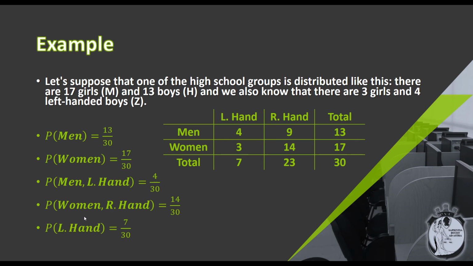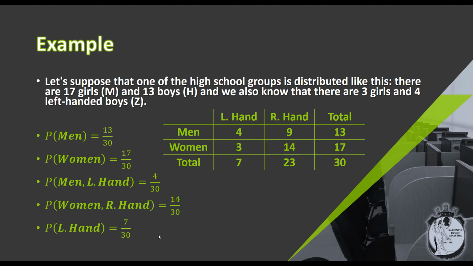If you select a woman, what is the probability that she is right-handed? 14 of 30. And when you select one student of that group, what is the probability that the student is left-handed? 7 of 30. This is all about the theory.